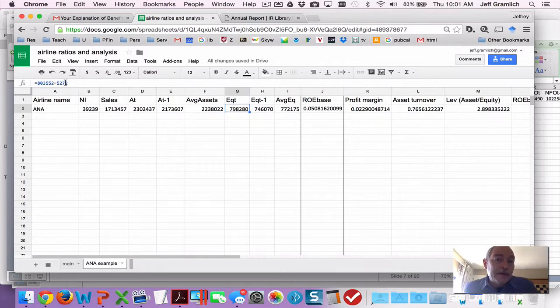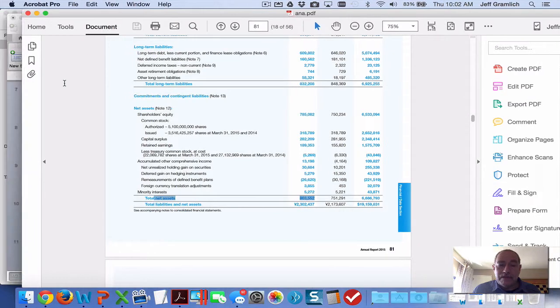Just to be clear, minority interest, or non-controlling interest, is the portion of the subsidiaries that the parent company does not own. And we do the same thing in 2014, where we have 751,291 minus 5221. That's these two numbers here, 751 minus the 5221.